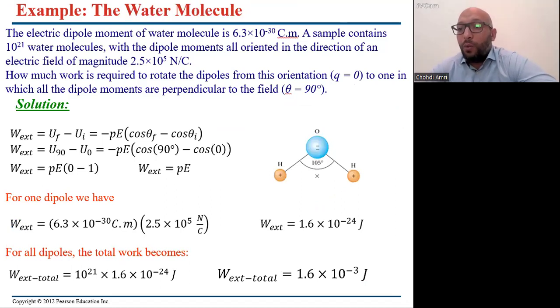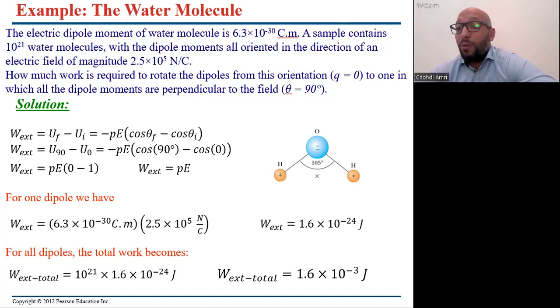Now let's talk about the water molecule. The electric dipole moment of a water molecule is 6.3 times 10 power negative 30 coulomb meter. A sample contains 10 power 21 water molecules with the dipole moments all oriented in the direction of an electric field of magnitude 2.5 times 10 power 5 Newton per coulomb.